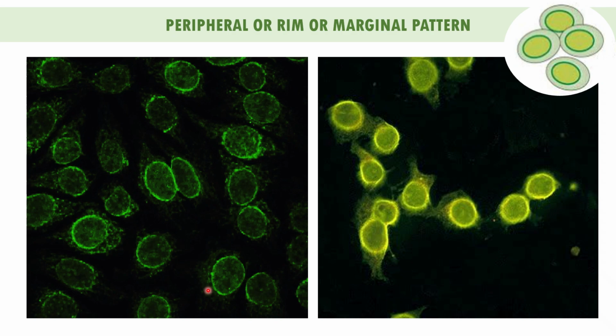In the case of your peripheral pattern, as what you could see here, the central portion of the nucleus is only lightly stained or no staining at all is present, but there is a strong fluorescence at the nuclear margins or at the periphery of our nucleus.